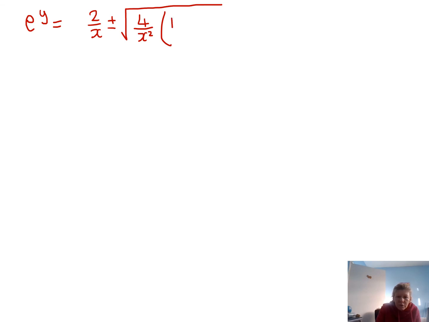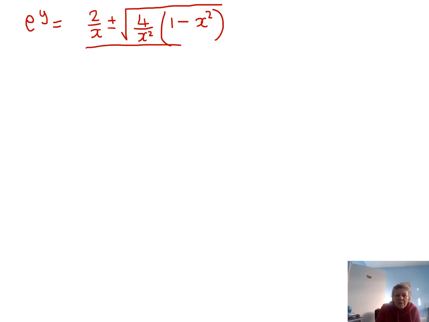So I'm going to write e to the y equals 2 over x plus or minus the square root. The only thing we'll do is pull out the 4 and pull out the x squared. So what you've got there now is just 1 minus x squared, isn't it?